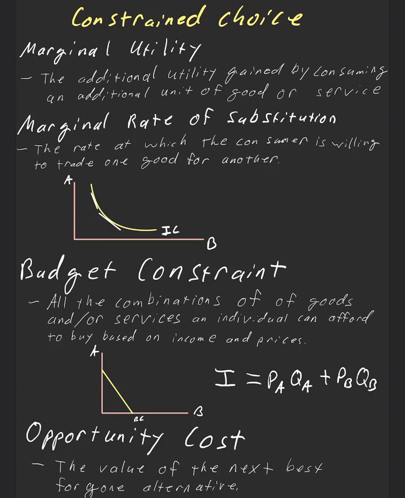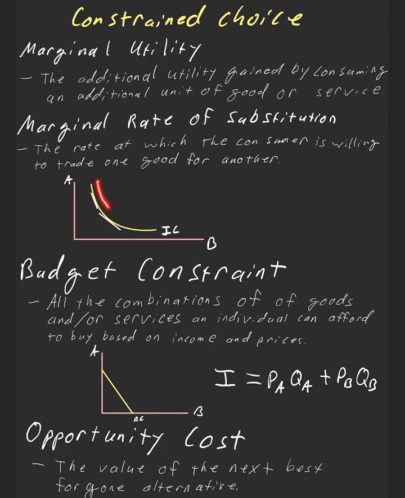Okay, so our paired idea here is the marginal rate of substitution. All this should just be basic rehashing of principles and or intermediate. This is the rate at which the consumer is willing to trade one good for another. Okay, so here, let's take a look at this little graph that I've prepared. It's just good A and good B. An indifference curve is the combinations of good A and B that give us the same utility.